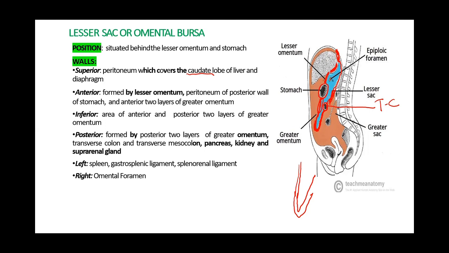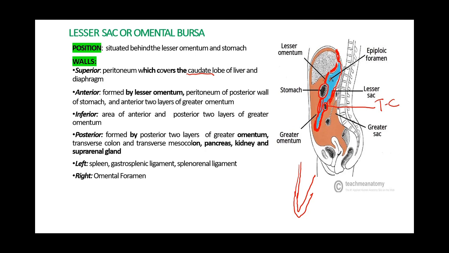Now, on the left side, of course, naturally, since it has all the borders, it will have a left side and a right side. On the left side, what forms the border? The spleen, the gastrosplenic ligament, and the splenorenal ligament.